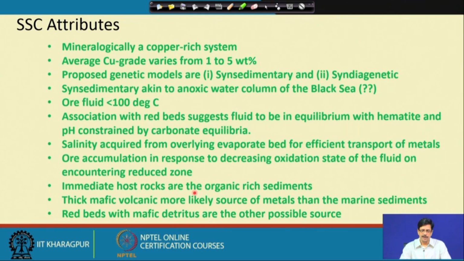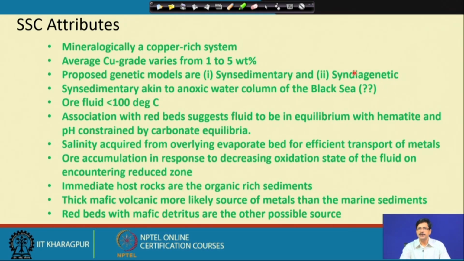The proposed genetic models are syn sedimentary or syn diagenetic. The syn sedimentary process, which we just saw in the case of the SMS deposit, is a very efficient mechanism in which, during the process of sedimentation, there is some extra input of fluid or metal from another source, which can make the minerals deposit along with the sedimentary strata.